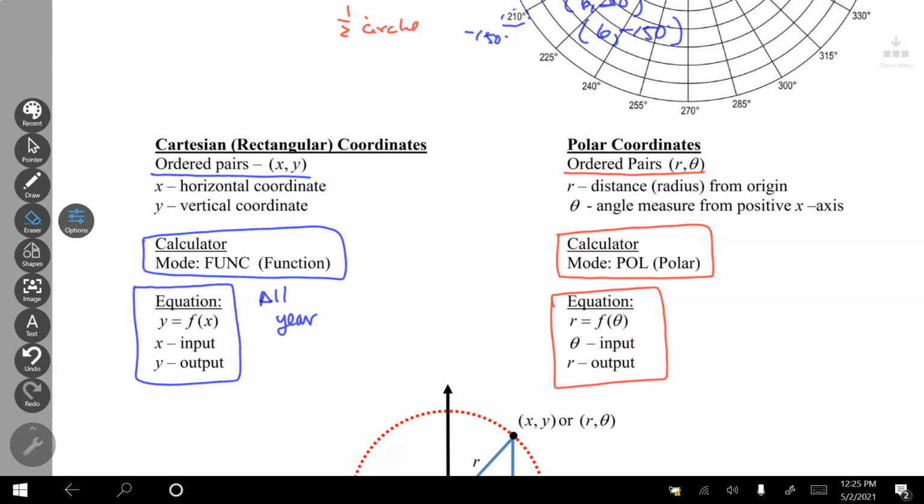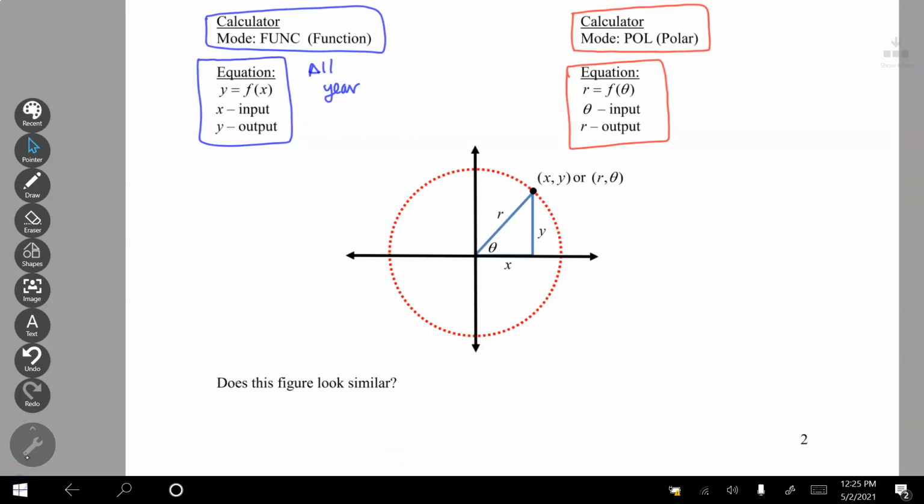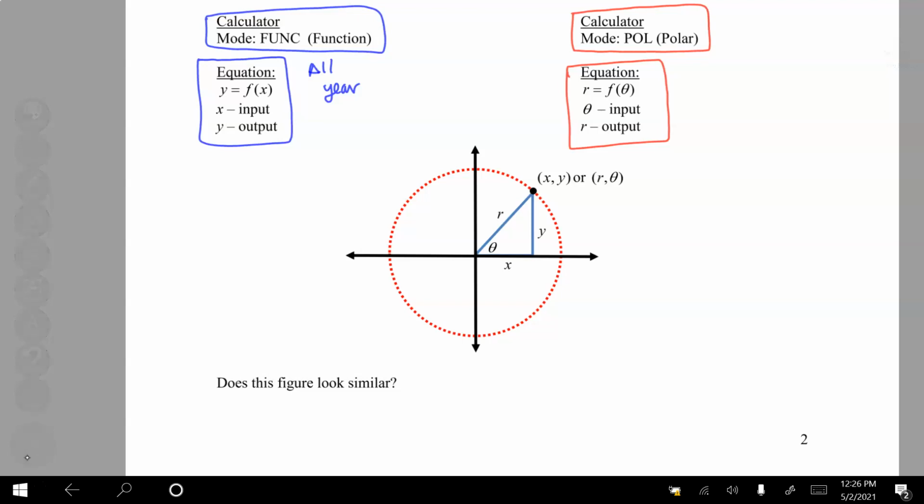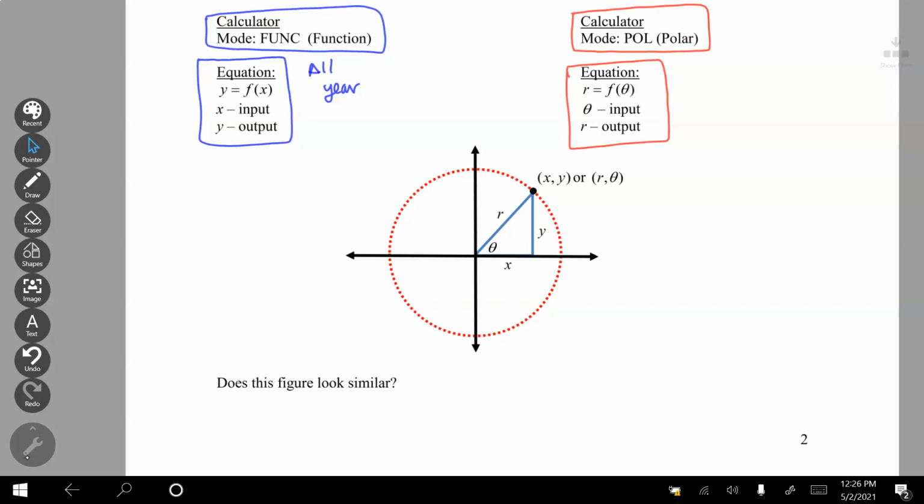It's a very interesting process, and not everything we're going to draw is going to be a function. We could draw circles, we could draw, well, you'll see what we're going to do tomorrow. So it's all based off this picture. If you notice, we have one point on the graph, x comma y, or r comma theta. X and y is the horizontal and the vertical distance, and r and theta is my distance r from the origin and my angle of rotation.